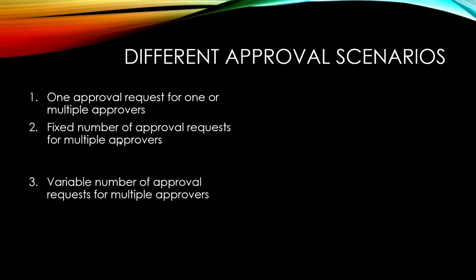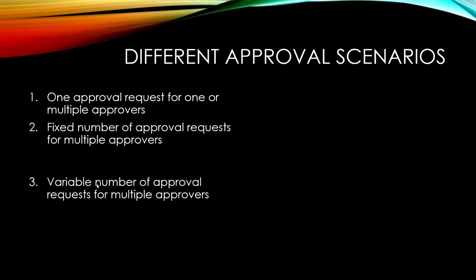Imagine the same person is hired and there is one request for him to get a phone, the other request for him or her to get, for example, a software license. They are separate approval requests, and each one of them can be approved or rejected independently. So in this case, we have a fixed number of approval requests, but multiple people may or may not approve it.